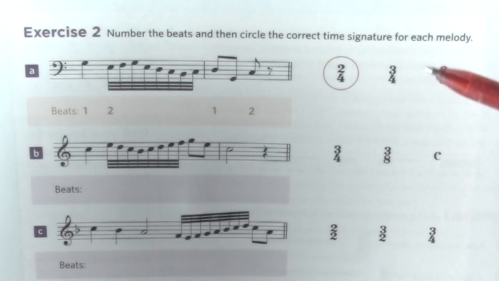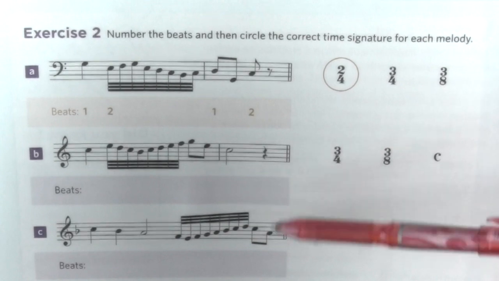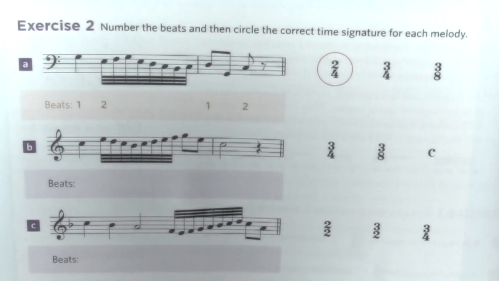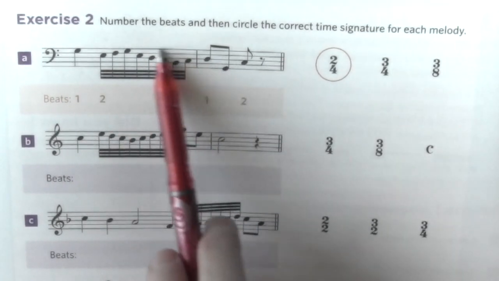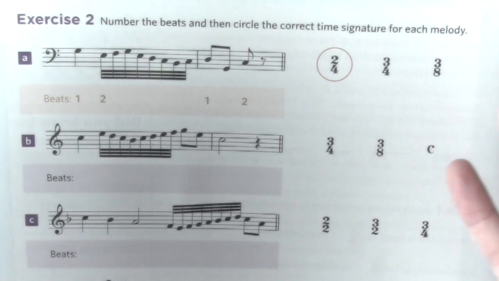In this exercise number 2, we need to circle the right time signature of the given bars. Now, you can count the number of beats, and you can spend ages counting these demisemiquavers to find out that that's 1 beat, 1 crotchet.